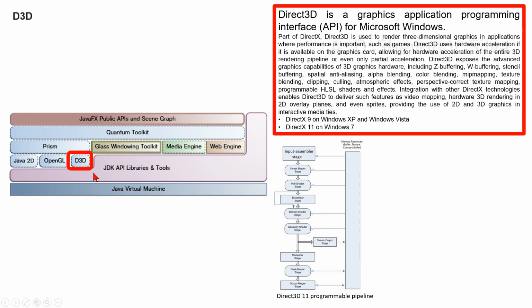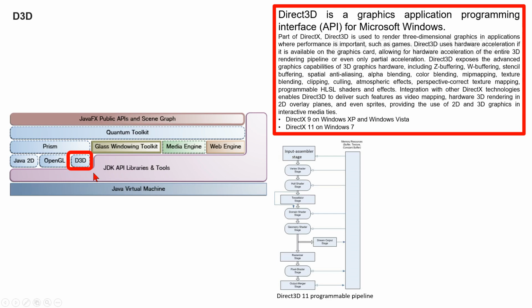Direct3D uses hardware acceleration if it is available on the graphics card, allowing for hardware acceleration of the entire 3D rendering pipeline or even only partial acceleration.